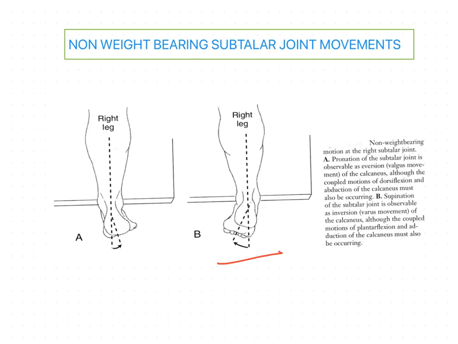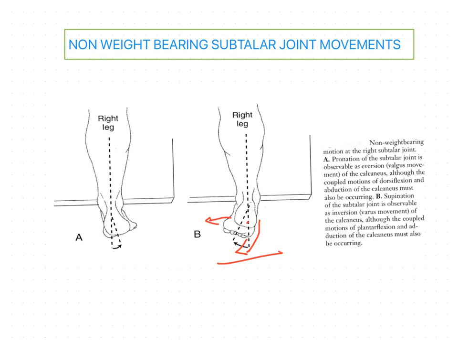In the B picture, non-weight bearing supination is composed of coupled calcaneal motions. Here the calcaneal motions are coupled, that means three movements cause the supination. What are the coupled calcaneal motions? The calcaneum undergoes adduction as well as inversion.